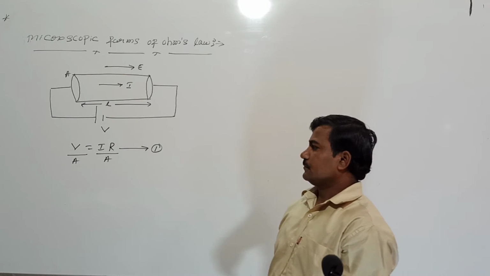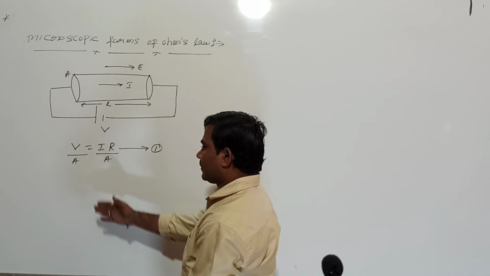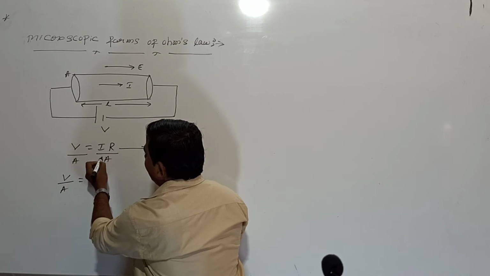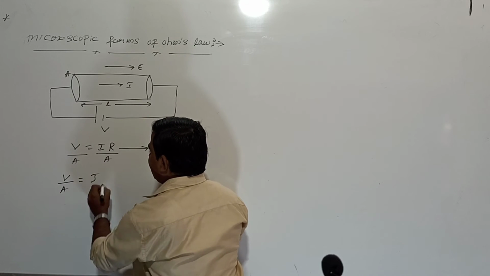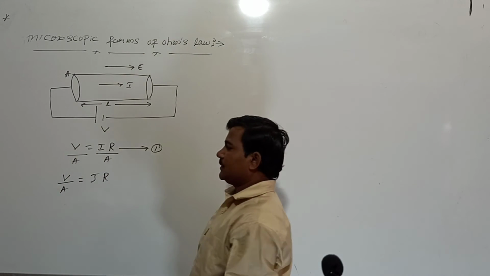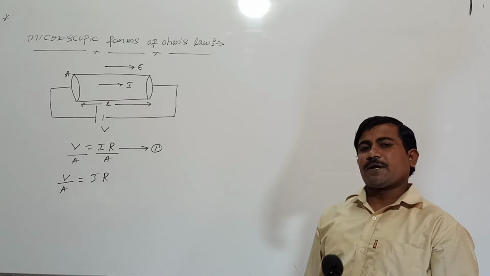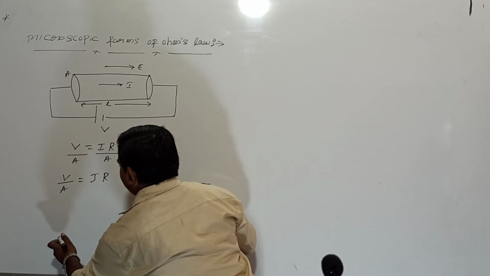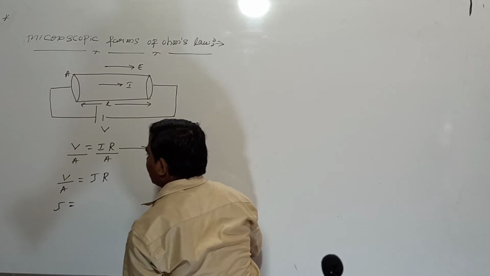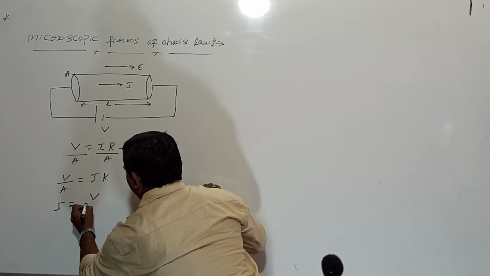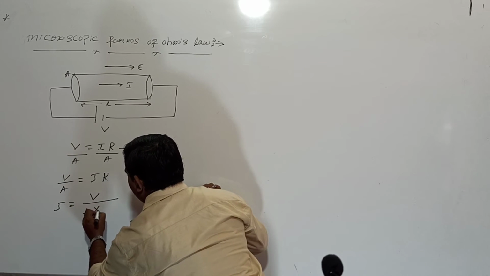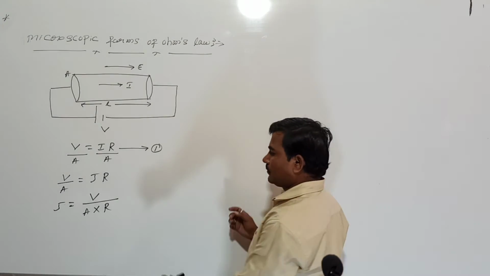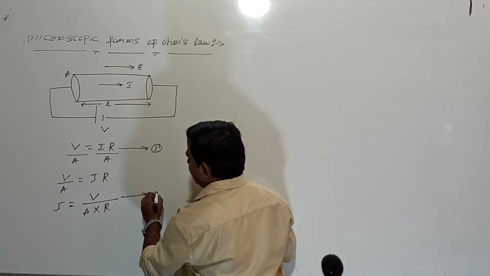V divided by area equals current by area, that is current density, into resistance. Or from this equation, J equals V divided by area into resistance. Equation number 2.